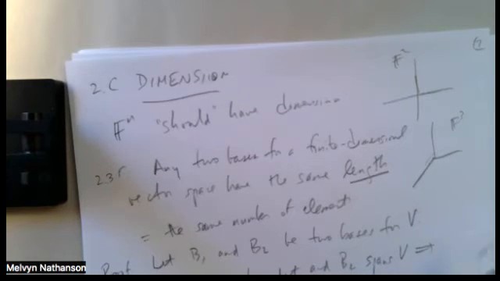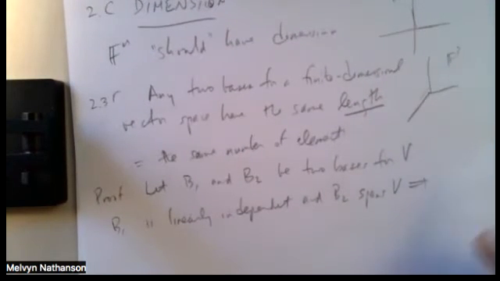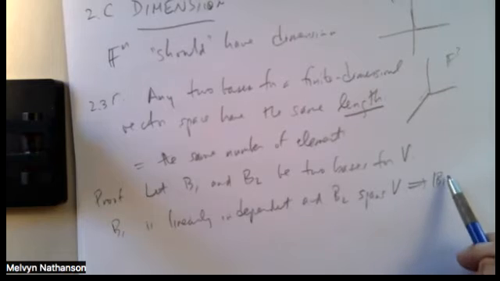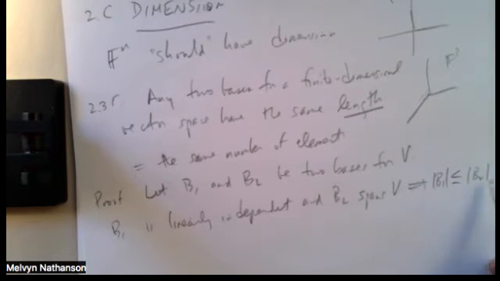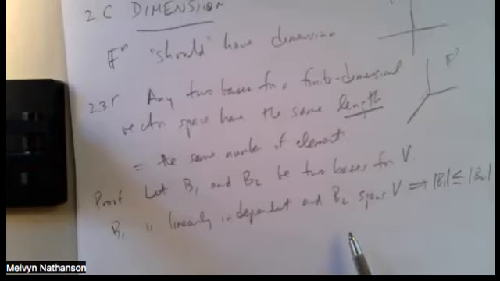So the number of elements in B1 is less than or equal to the number of elements in B2, because an independent set has at most the number of elements as any spanning set does.